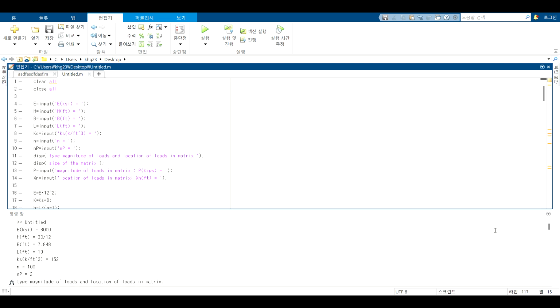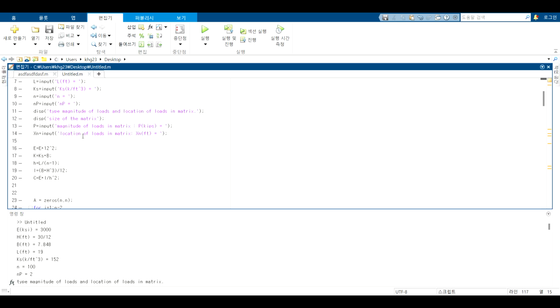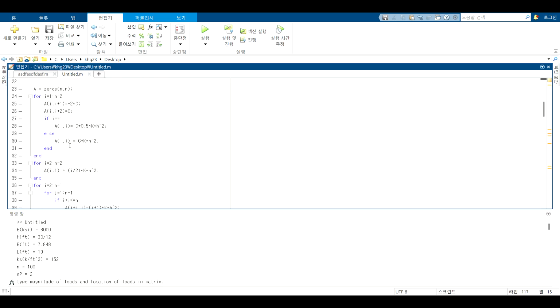Then it builds the coefficient matrix A. So you can see here the A part, which reflects both the flexural rigidity of the footing and the subgrade stiffness from the Winkler model. This matrix formulation leads to the linear system A multiplied by y equals B, where y is the deflection vector and B is the load vector.